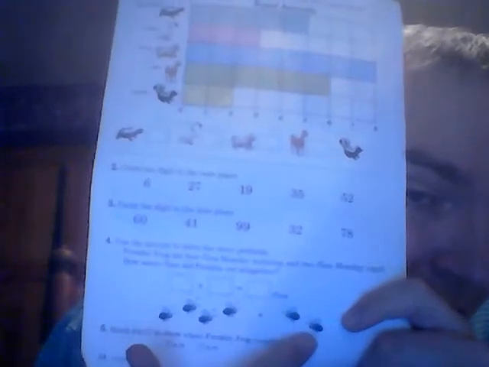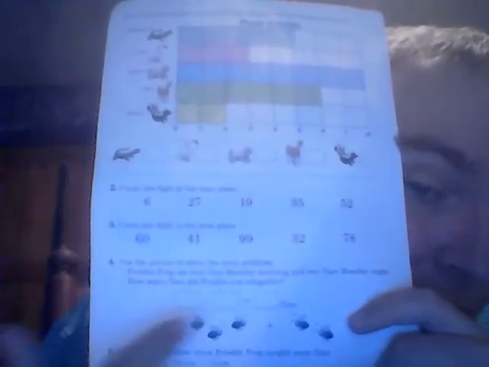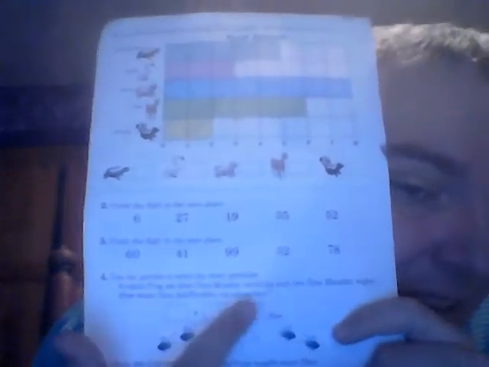He ate 4 flies in the morning and 2 flies at night. So how many flies did he eat? Put a 4 here and a 2 here. How many did he eat? 1, 2, 3, 4, 5, 6. He ate 6 flies.